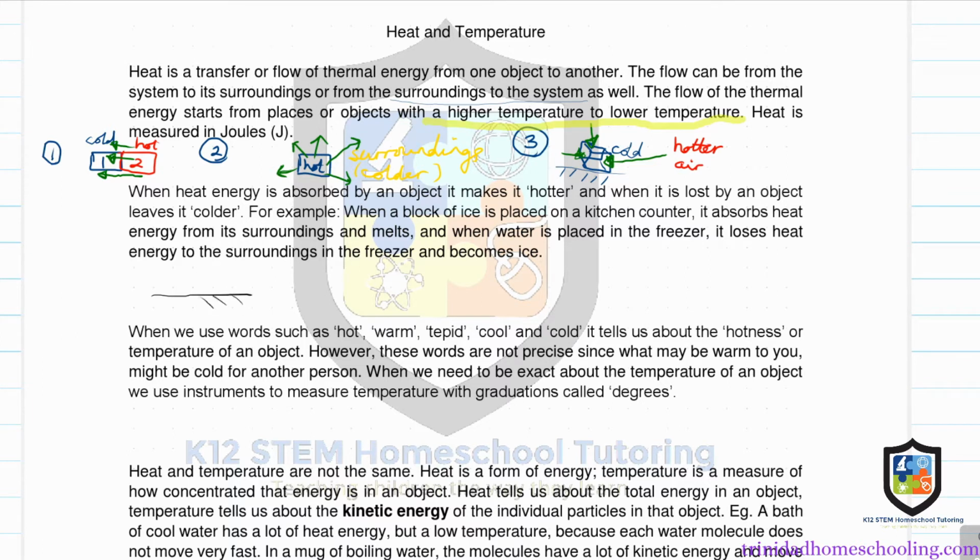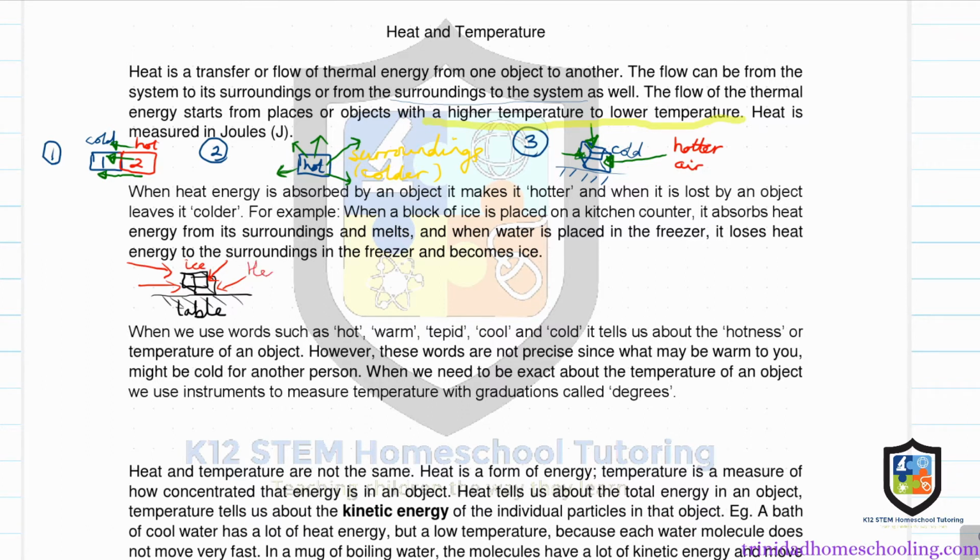You have your table, and then you have your block of ice on your table, and you draw your heat from the surroundings moving into the block of ice. So heat here is being absorbed by the ice.